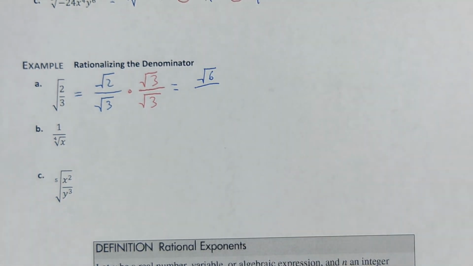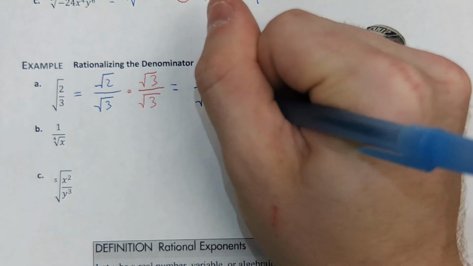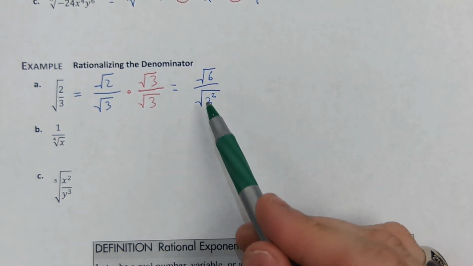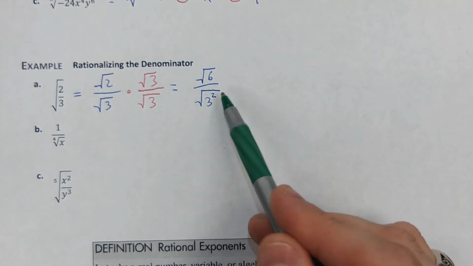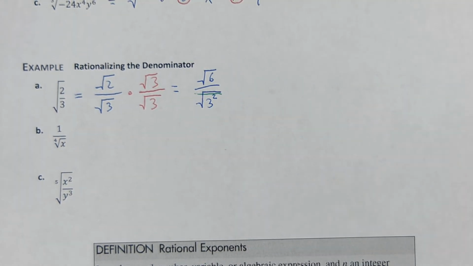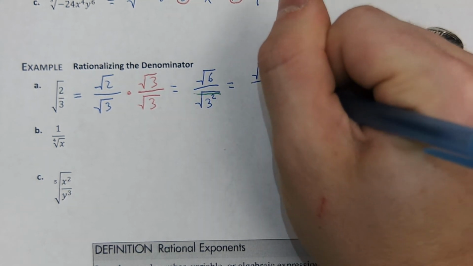And on the bottom, it will give us the square root of, well, 9. And to be honest with you, I'm going to write the square root as 3 squared, because I'm really trying to drive home the fact that when the index matches the exponent, they cancel each other out. That will leave me with my answer of root 6 divided by 3.